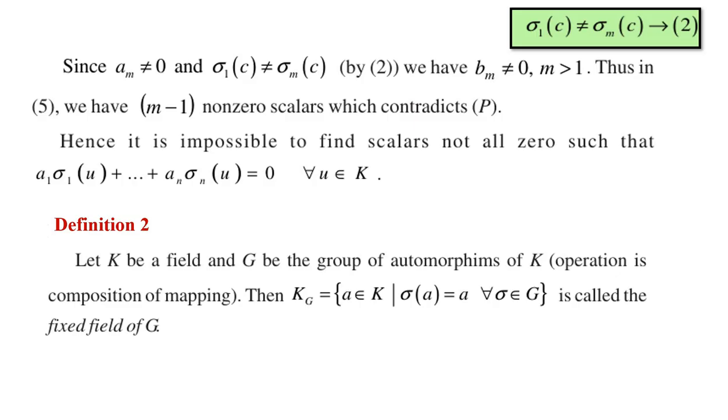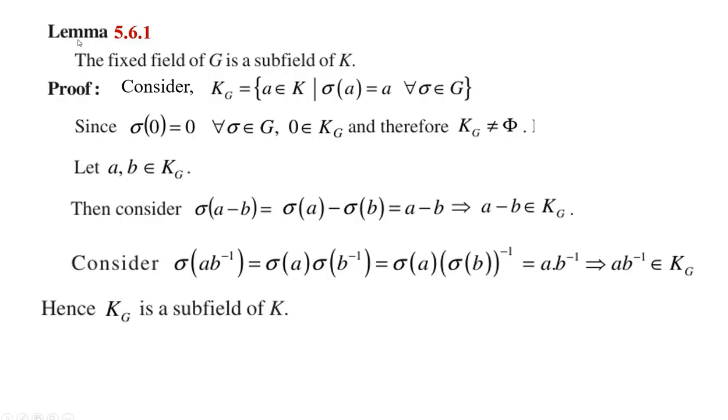We will consider two subdivisions, one with regard to addition, the other with regard to scalar multiplication, and non-empty is the usual process with which we start to have any subset to be a substructure of the given structure. So, Lemma 5.6.1, the first lemma of the section: the fixed field of G is a subfield of K.